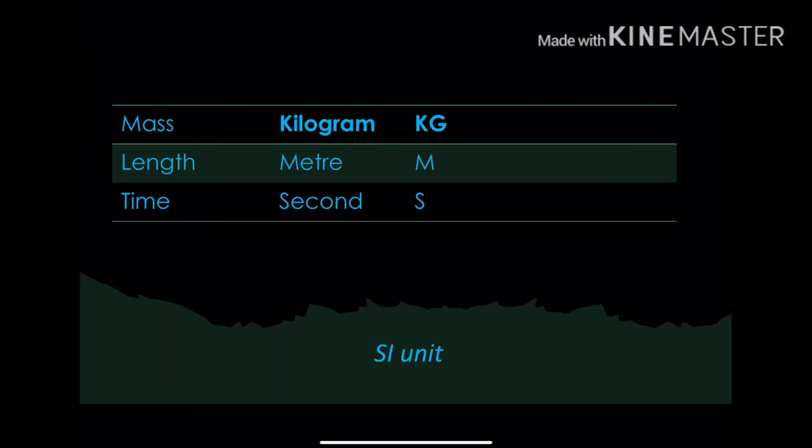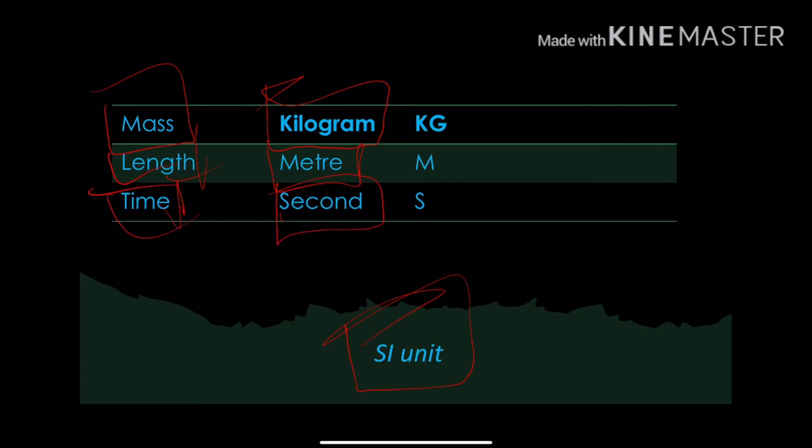Now, as we know about the lesson plan, it's SI unit time. The SI unit for mass is kilograms. Length is meters. Time is seconds. So the SI unit for speed is meter per second. This -1 is because meter per second is written as m over s, where the second is positive 1, and you bring it up.